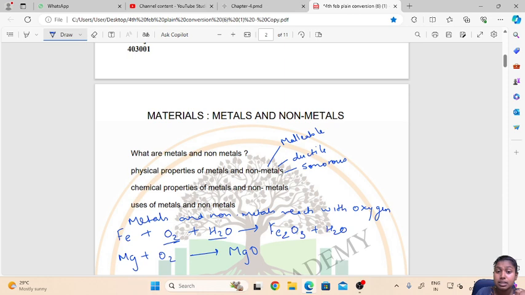Whereas metals are hard, non-metals are soft. Metals are lustrous, which means they are shiny, and non-metals are dull.